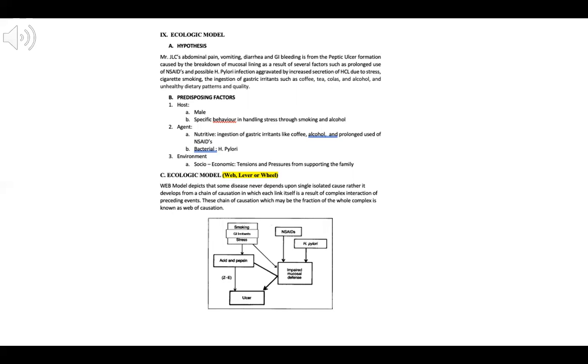And in this case, we have identified the web model. Okay, I will not anymore discuss to you the details because it will be discussed also in the nursing portfolio discussion of Sir Bailon.